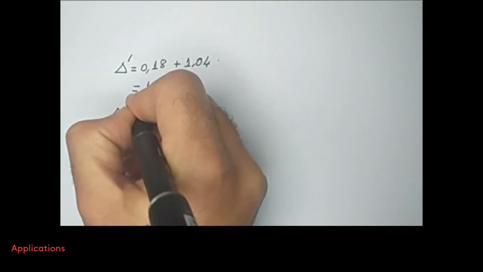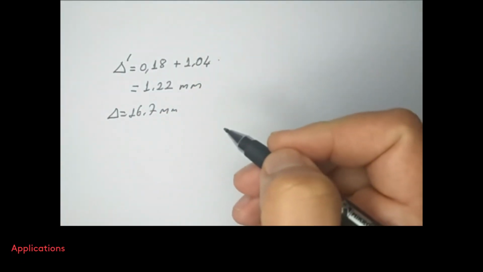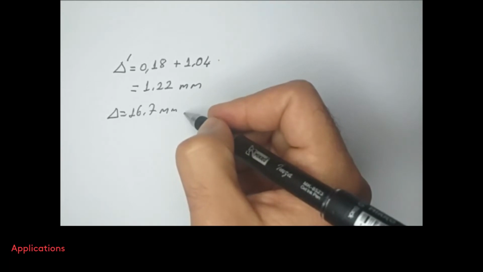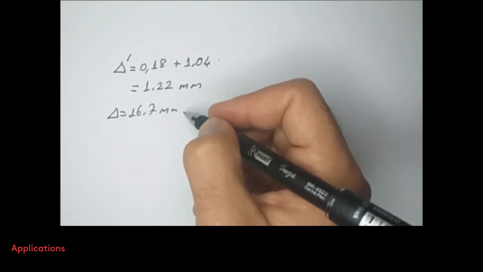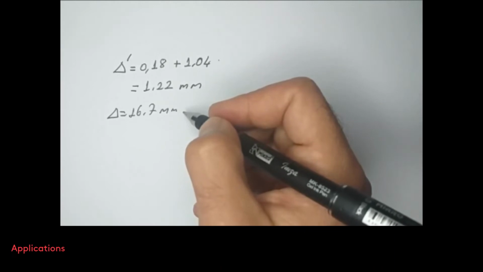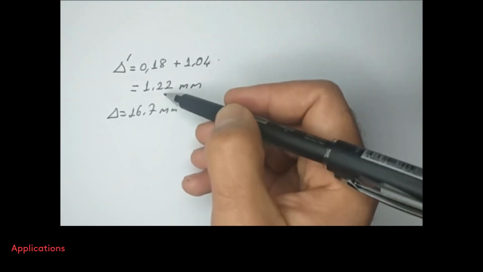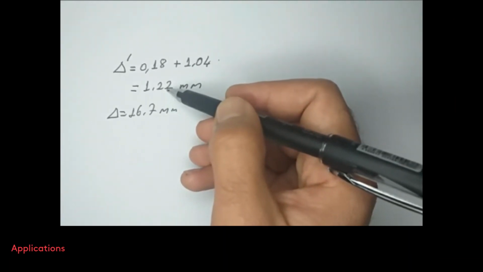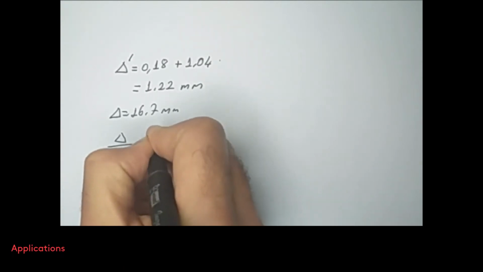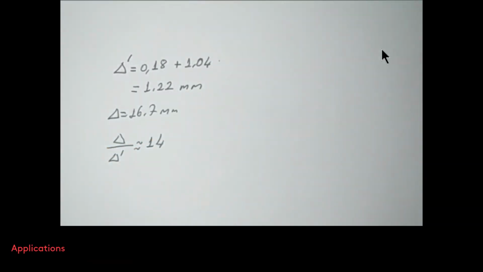So we just add a light structure which is less stiff and in fact increase the thickness, and this gives us additional and significant improvement in the stiffness of the structure. So basically delta to delta prime is approximately 14. So the structure with the core material or sandwich structure is approximately 14 times stiffer.